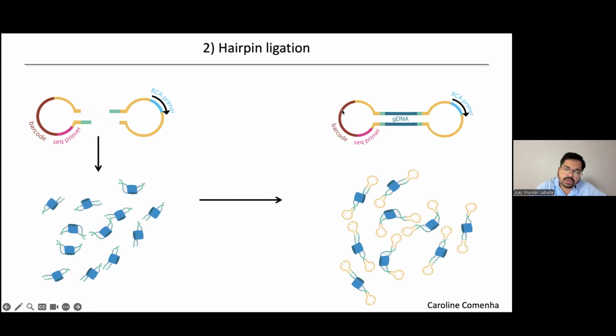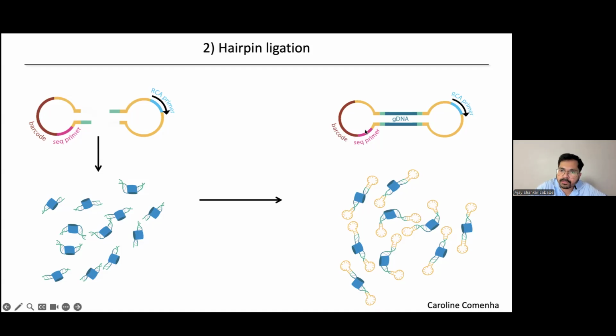One key thing about these hairpins is that we can now insert a barcode. This is a unique molecular identifier, an unknown DNA sequence, which you can order from IDT. It has N, which are all mixed bases. So what happens is every genomic DNA fragment is now barcoded with this barcode.